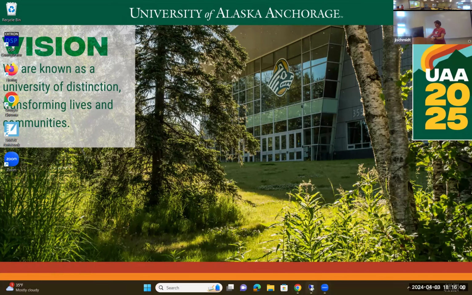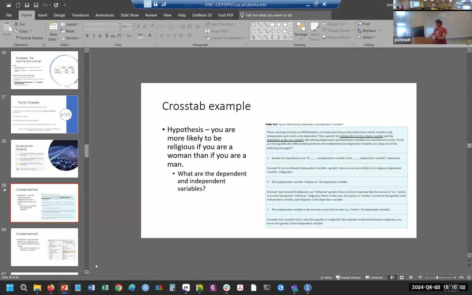If we go back and look at the statement, we're asking if gender is influencing your likelihood to be religious. So if a person is a man or woman, are they more likely to be religious? So the status of your religion is dependent on your gender.